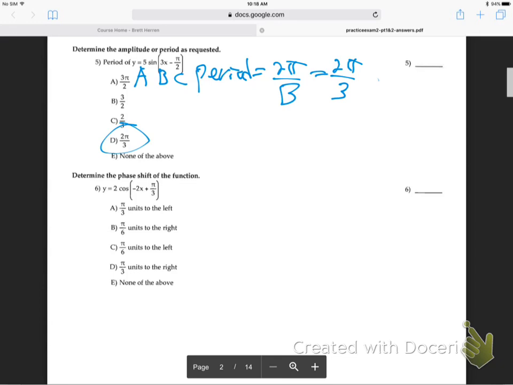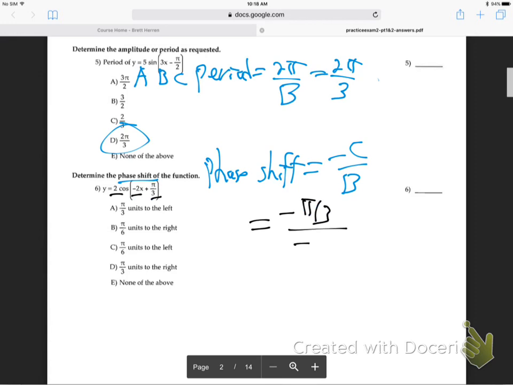All right, on to 6 we go. Phase shift. What's the phase shift formula? I made it negative c over b. Math Excel, when I clicked on the help button, did it a little different way, but I'll just use this way, negative c over b. So this is a, b, c. Negative c, which is pi over 3, over b, which is negative 2. The b is whatever's next to x.